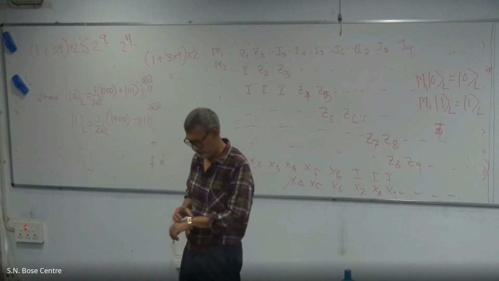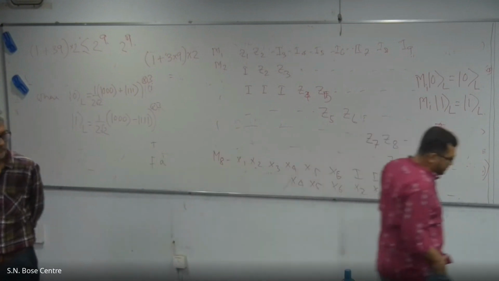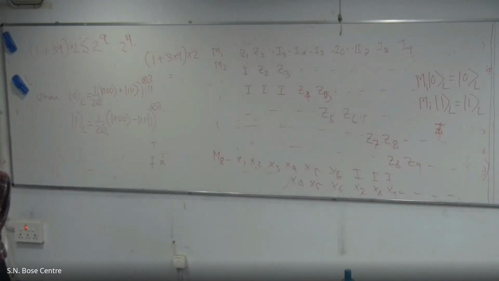So, any question? Very quick question if you have. For this topic, the book by Nielsen and Chuang is the best. You can search and the quantum error correction material will come.